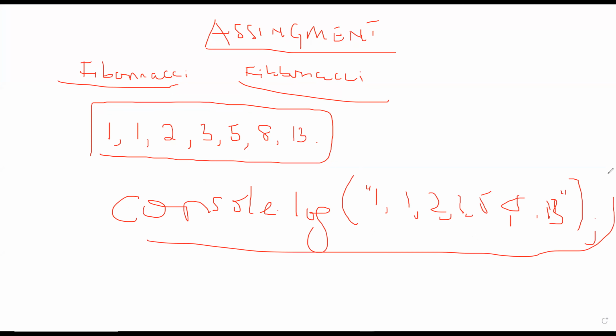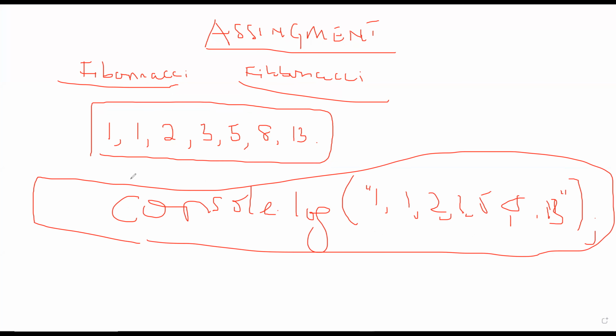So you compute, let your program compute this and print it out in the form of an array. You can see mine is in the form of an array. So let it be in that format.